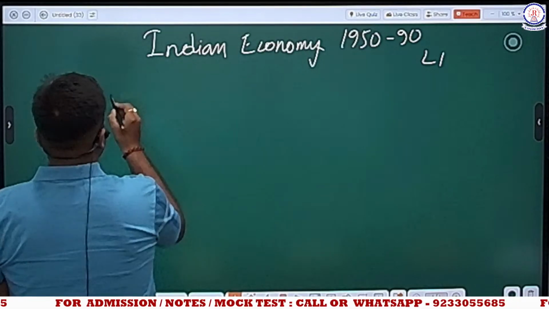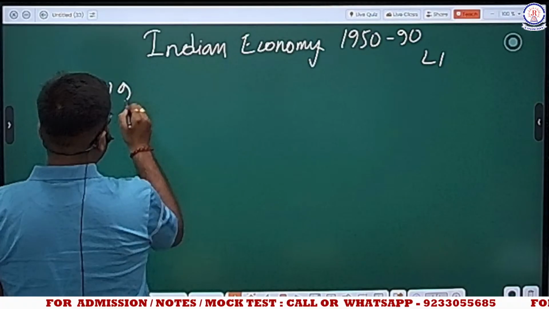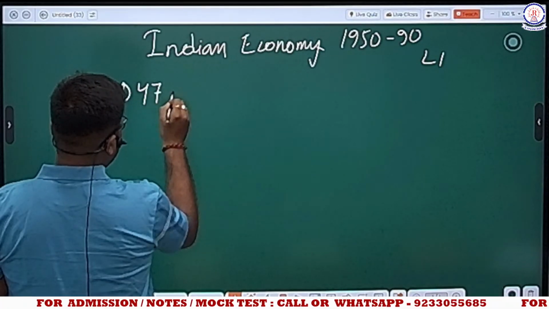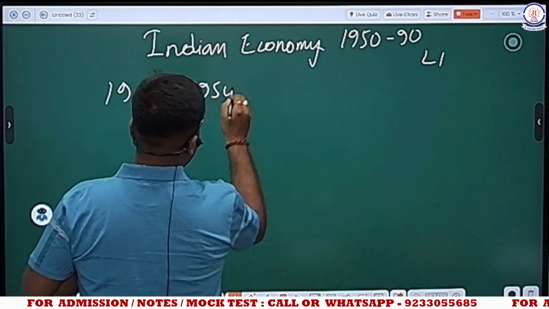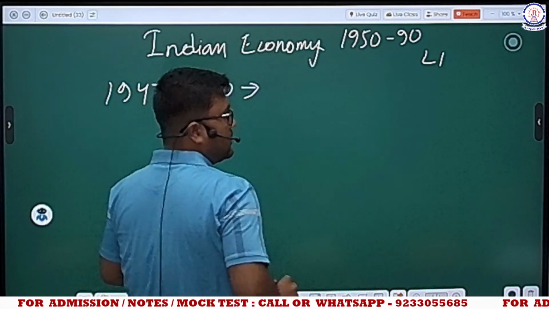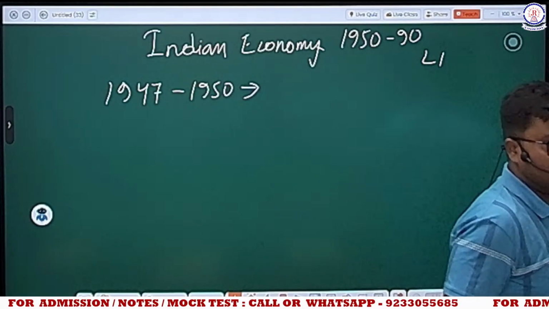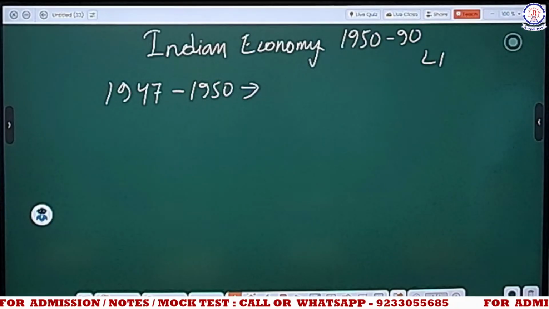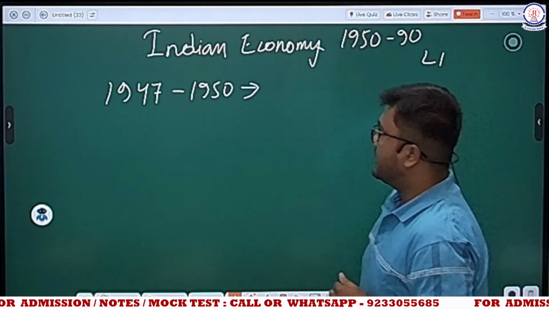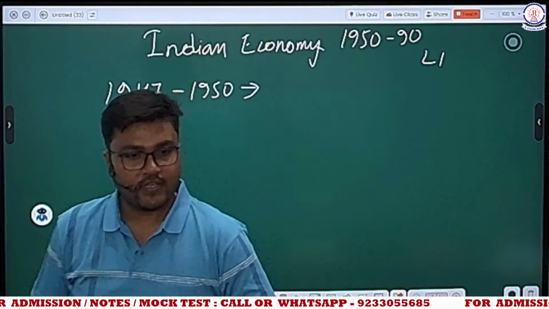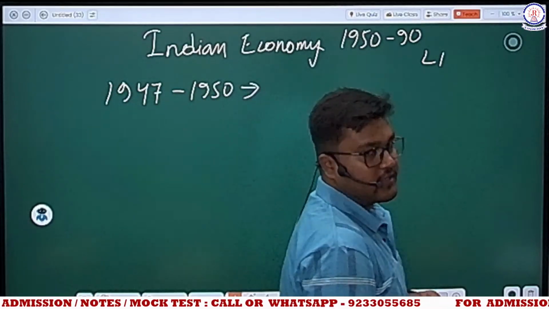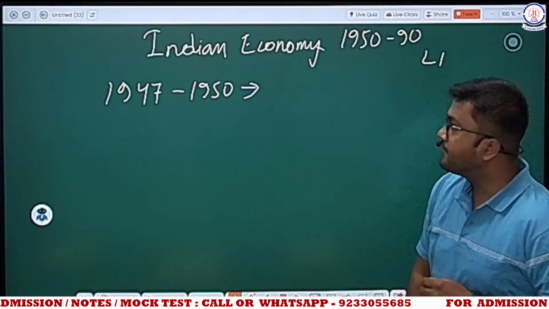after just independence, the Indian economy, that is from 1947 up till 1950, India was building its constitution, that is the Constituent Assembly was making its constitution and also handling the economic affairs of the country as a caretaker government, semi-caretaker you can say.